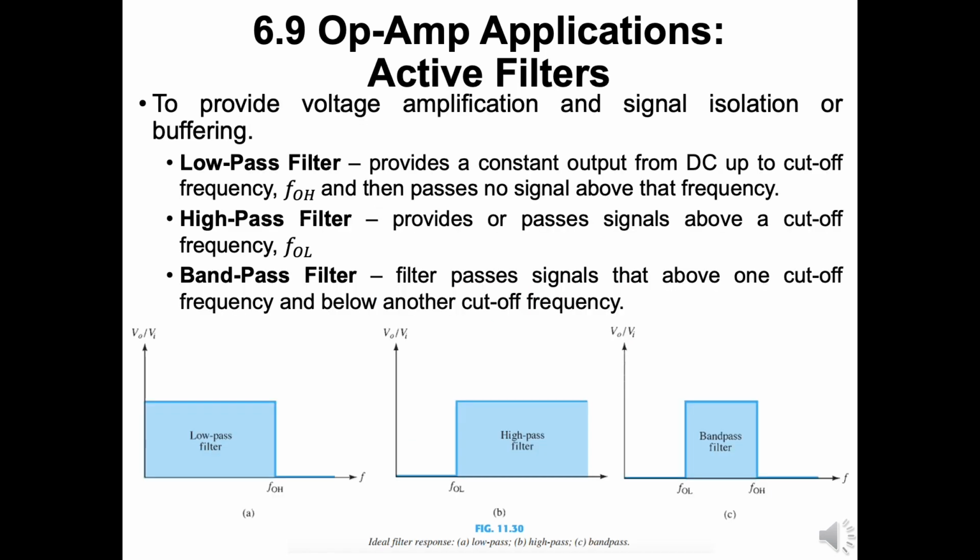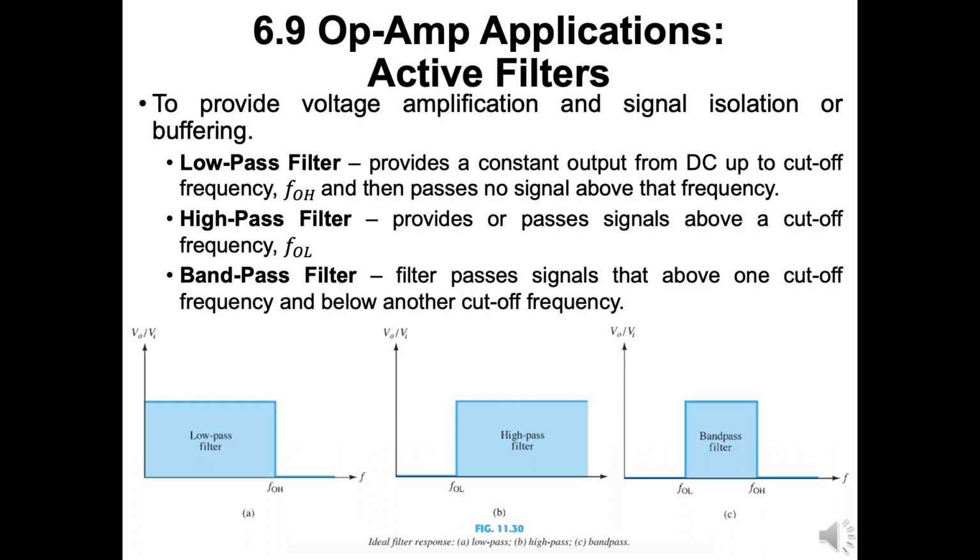To provide voltage amplification and signal isolation or buffering, an active filter is utilized here. A low-pass filter generally provides a constant output from DC up to the cutoff frequency, frequency OH, and then passes no signal above that frequency.